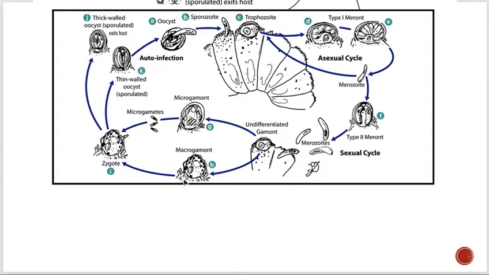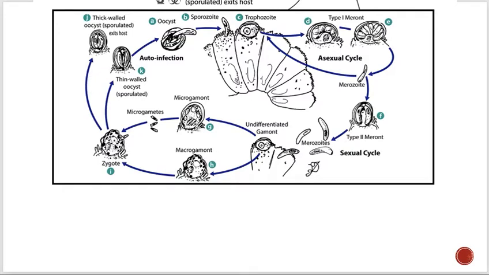So ultimately there will be fertilization of the macrogamont by the microgametes, and they are going to form a new oocyst. You can see once these microgametes are released, they will fertilize and form a zygote. So now this new oocyst or zygote will either be shed into the environment, or they will be excysted.